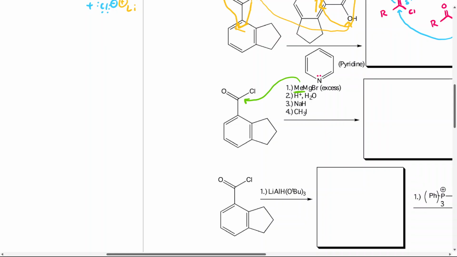When we add that in, we end up getting this Cl, CH3, which is the methyl group. And then at this point, after the Grignard added in, the oxygen is unhappy.